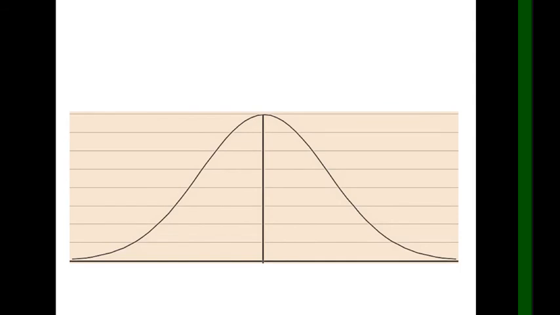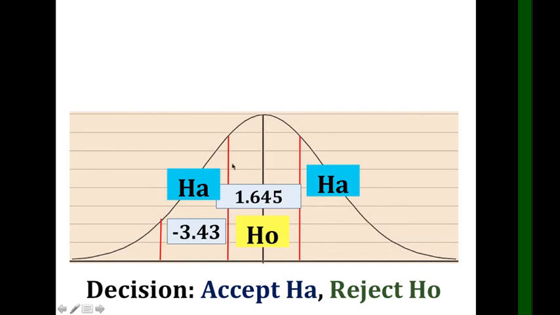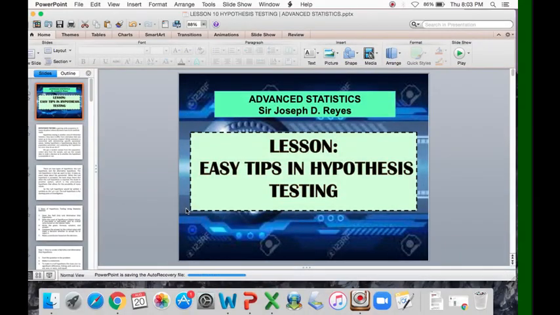Another. So, we have 1.645 as our critical value and then lumagpas ulit ang ating na-solve na Z. So, accept HA, reject HO lamang. So, ganun lang siya kadali, class.